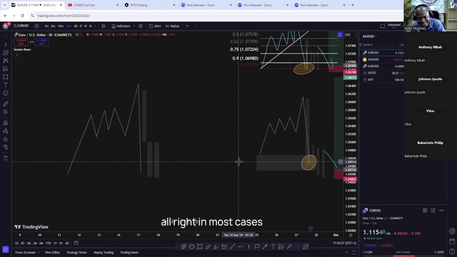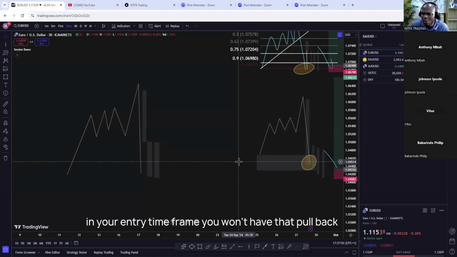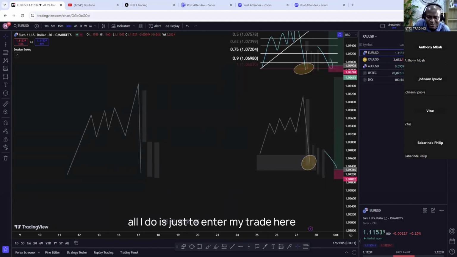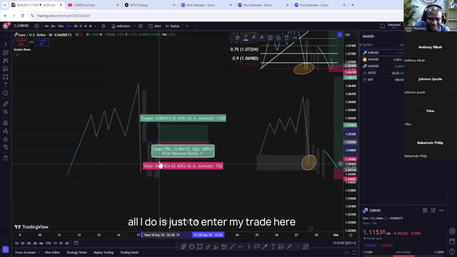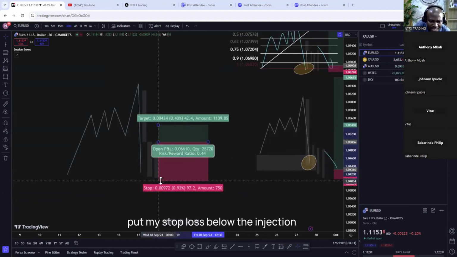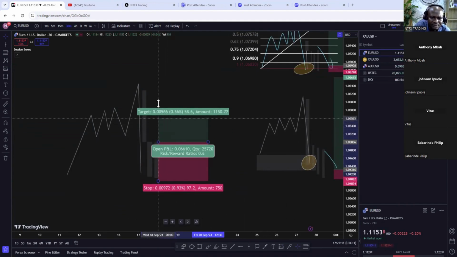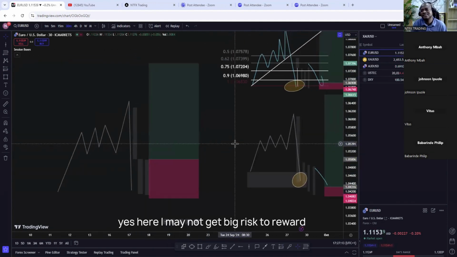In most cases, if you have this, you don't have a pullback in your 1 minute or 5 minutes entry time frame. All I do is just to enter my trade here, put my stop loss below the injection. Here, I may not get big risk to reward, but I'm not going to miss that trade.